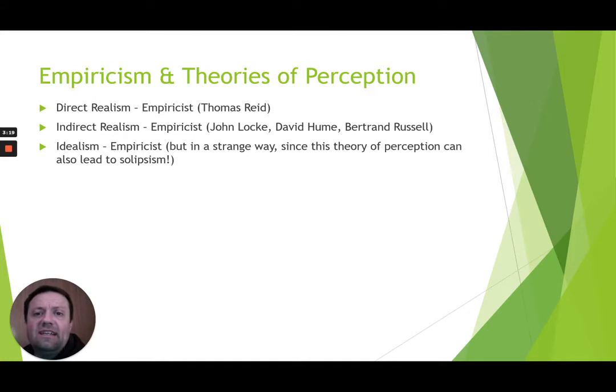And idealism is a strange empiricist theory in the sense that George Berkeley believed that everything was just a collection of ideas in the mind, but ultimately knowledge still came from experience because you had to experience things in order to have ideas, and the experiences themselves he thought of to be ideas in a way. Okay, so it's important that you can relate empiricism to the theories of perception.